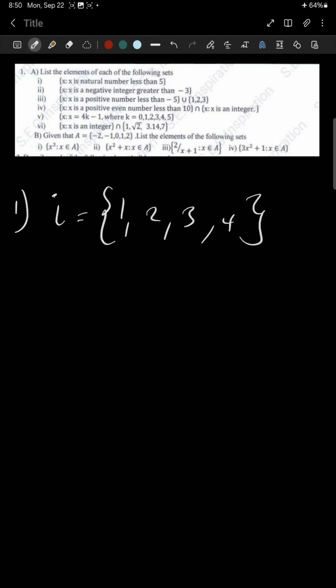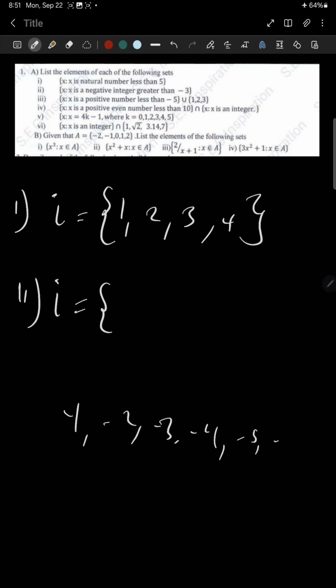Okay. Then number 2, we have x such that x is a negative integer greater than -3. Okay, so if you look at x is a negative integer, what are negative integers? We're looking at integers like, I'll give an example, -1, -2, -3, -4, -5, -6, -7, -8, right?